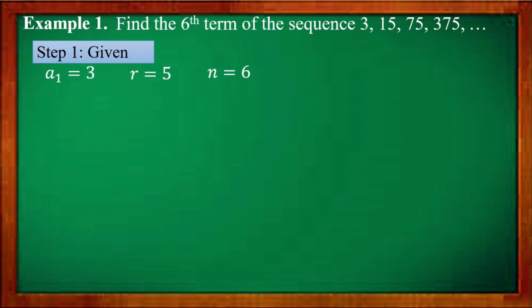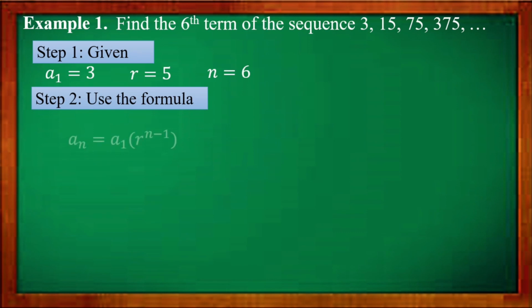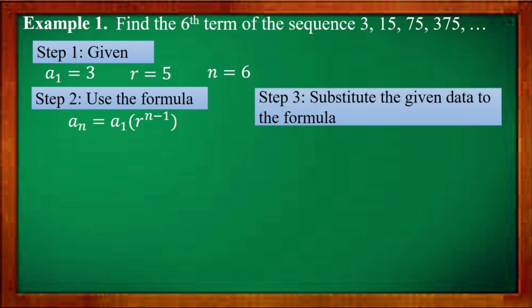After we identify the given values, we can now use the formula for getting the nth term, which is a sub n equals a sub 1 times r raised to n minus 1. Then we can substitute those given data in this formula.